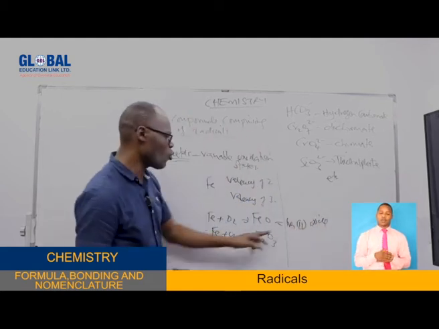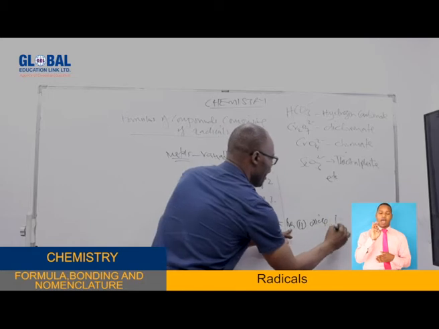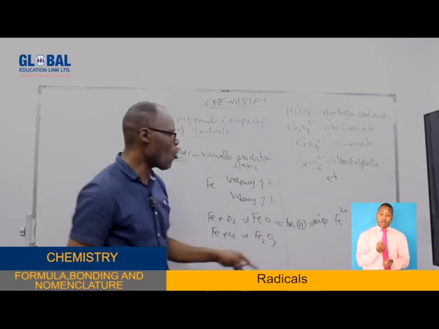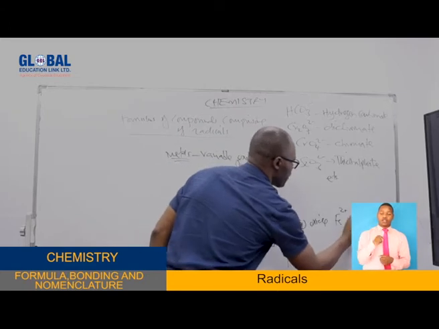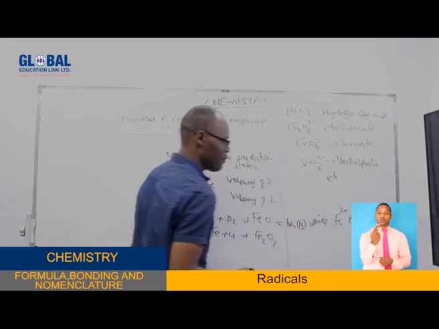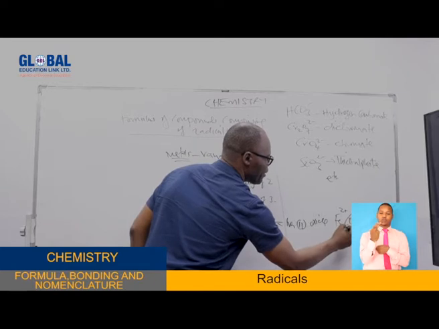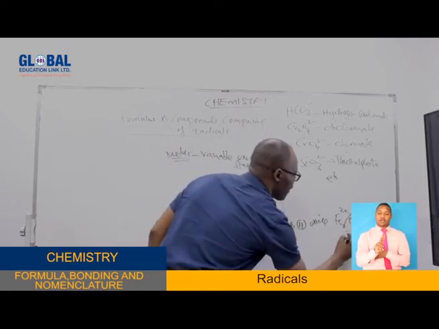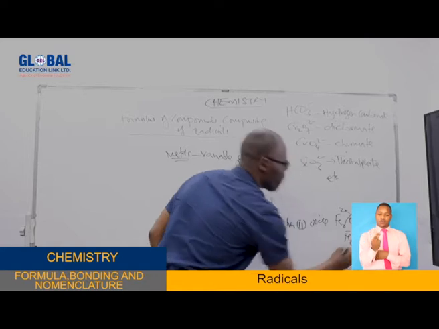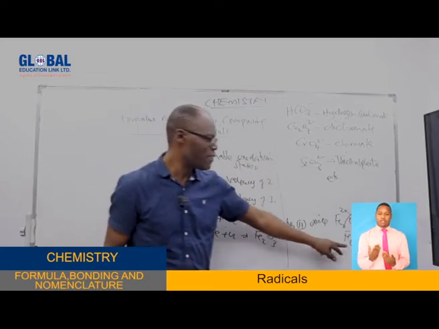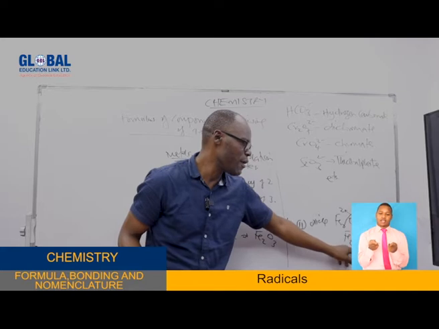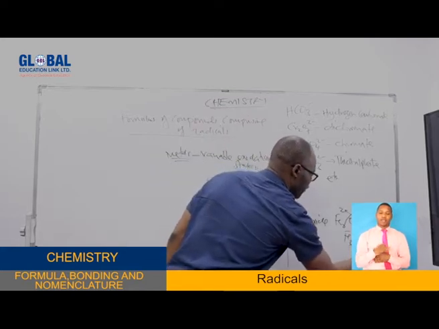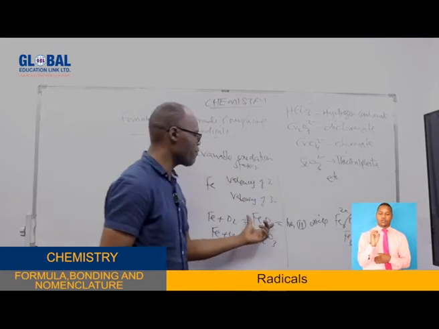Why are we saying it's iron 2 oxide? Because we have an iron which has a state of 2 combined with oxygen which has a state of 2 negative. If we interchange these valencies, we have Fe2O2. And from our discussions, they are the same, so we cancel them. So it becomes FeO.